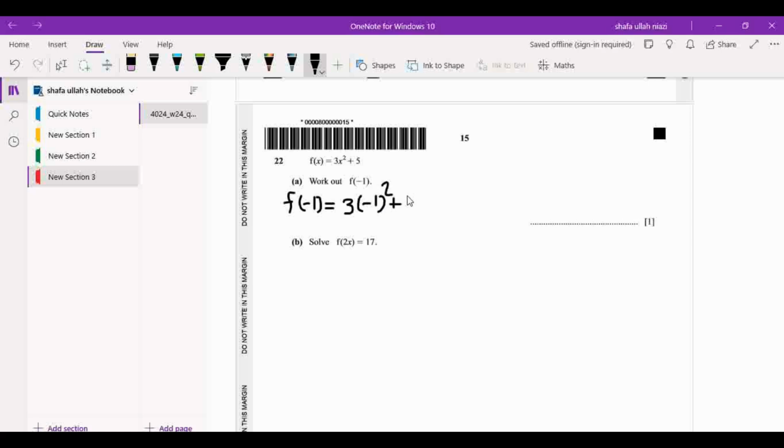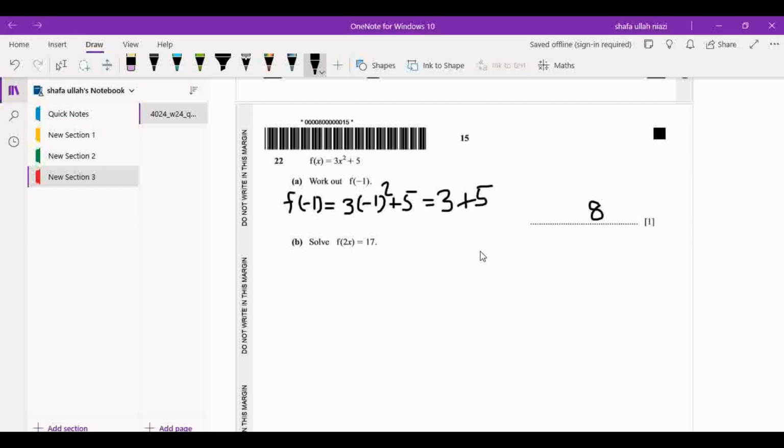Square is an even function, so -1 squared is 1. So it is 3 into 1, which is 3, 3 plus 5, and 3 plus 5 is 8.